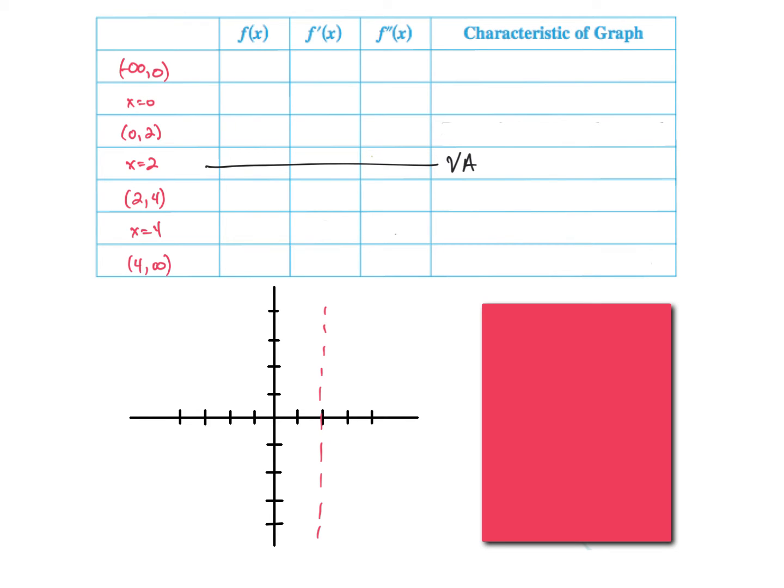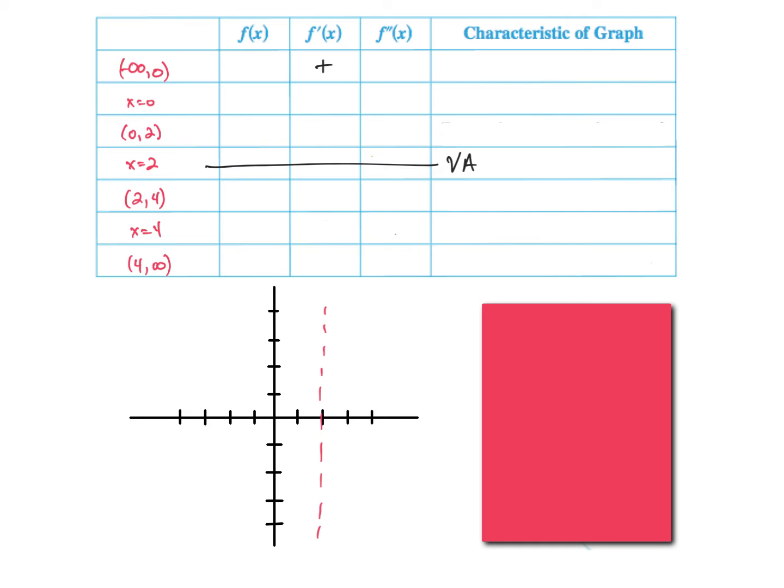So negative infinity to 0. What is my f prime? If I substitute in like negative 1 into my first derivative, I get a what? I get a negative and then a negative over a positive. So that means it is positive. Now let's substitute in like negative 1 into my second derivative.